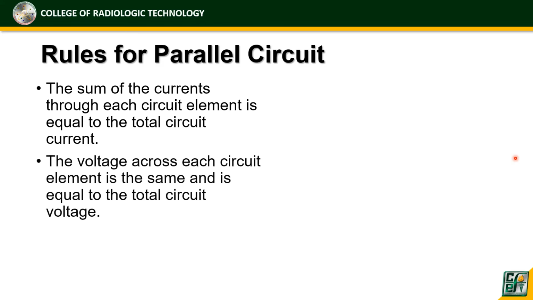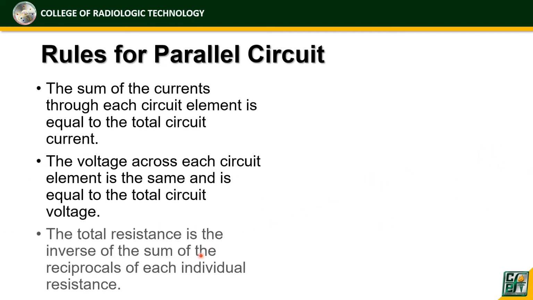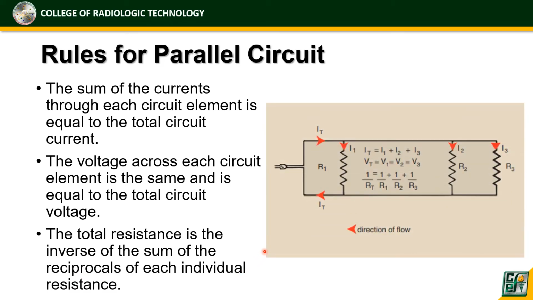Number 2, the voltage across each circuit element is the same and is equal to the total voltage. And number 3, the total resistance is the inverse of the sum of the reciprocals of each individual resistance. So again, here is the illustration, the formula.